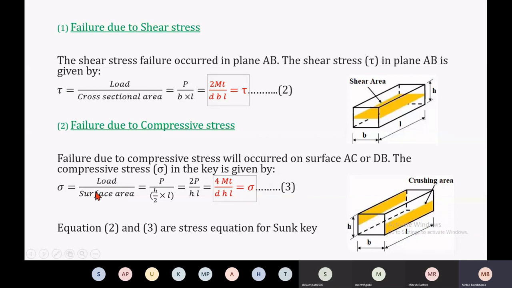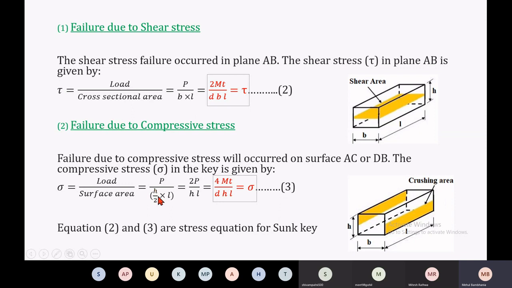The load is denoted by capital P, and the area is where the compressive stress is experienced, the crushing area or crushing plane. This is the length into the height. The total height is h, and it is experienced in the half, so h by 2.